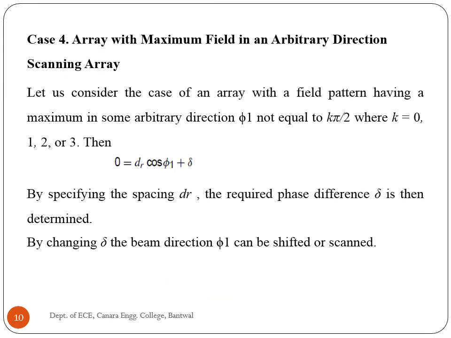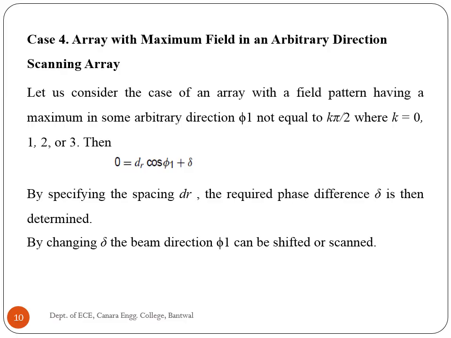Array with maximum field in an arbitrary direction, scanning array. Let us consider the case of an array with a field pattern having a maximum in some arbitrary direction, that is phi 1, not equal to k pi by 2, where k equals 0, 1, 2 or 3.